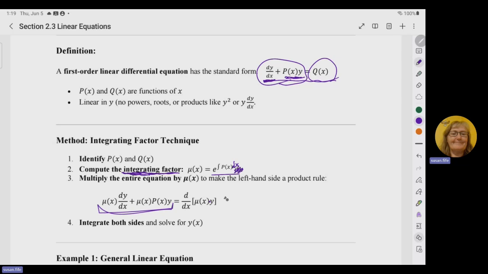Here, you can use the product rule to take the derivative. And you get the derivative of mu of x with respect to x, that's going to be mu prime of x times y plus mu of x times y prime.